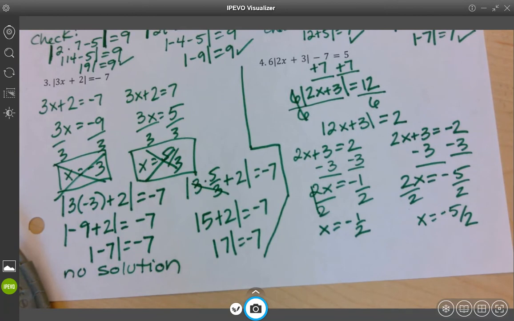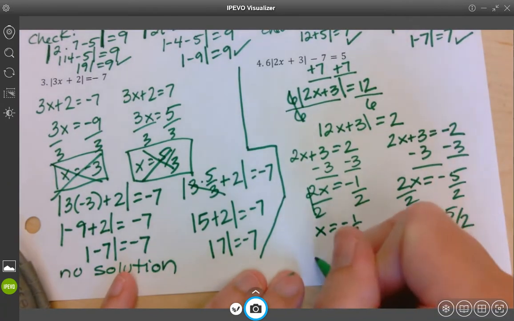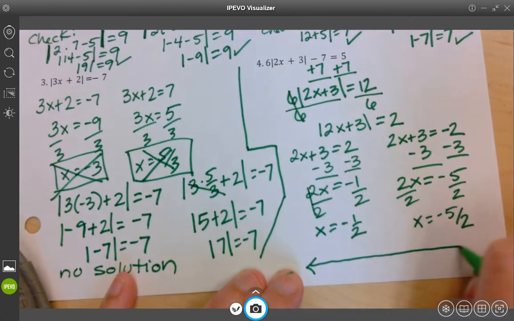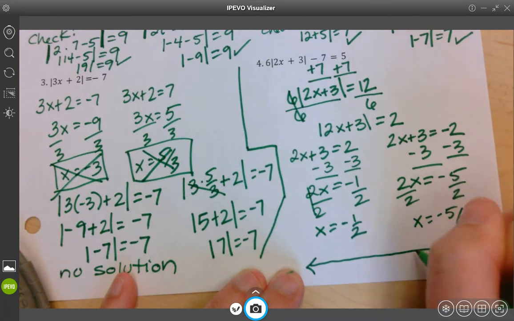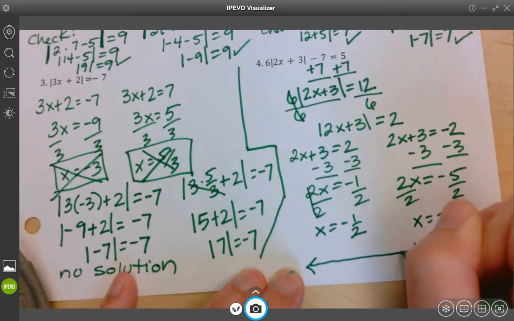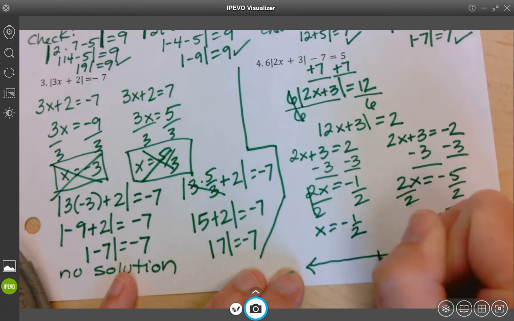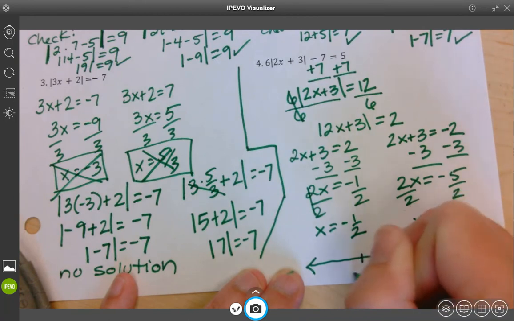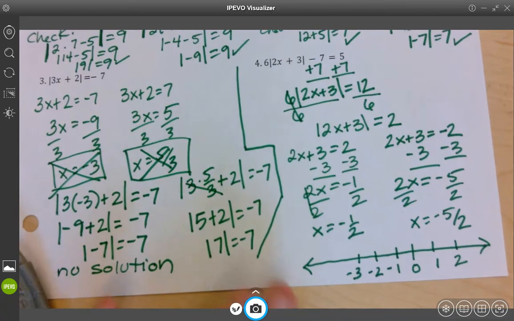All right, so it did say to graph these on a number line, and they're just going to be points on a number line. I thought of it because this last one's a little bit harder than the other ones to graph on a number line. When you make a number line, try to space your numbers as evenly as possible. Okay? Now, -1/2's not too bad.